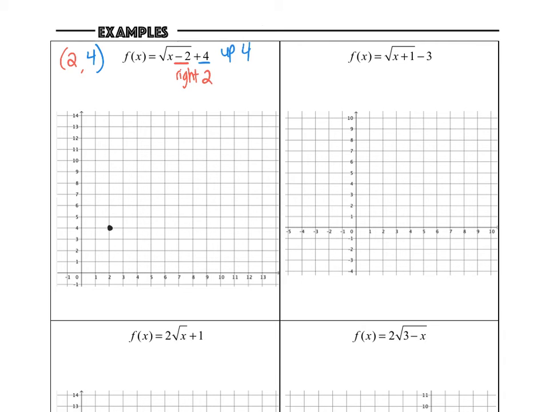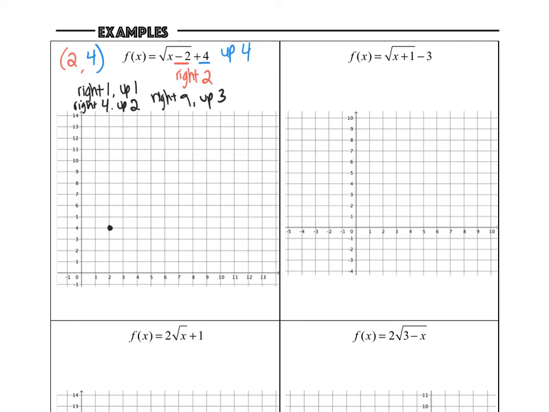Remember what the pattern is: right 1, up 1, right 4, up 2, and then right 9 and up 3.